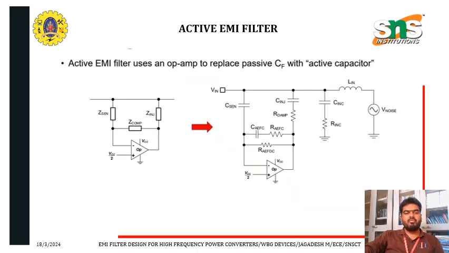Active EMI filter uses an op-amp to replace the passive CF with an active capacitor. The replacement is shown in the circuit diagrams here.